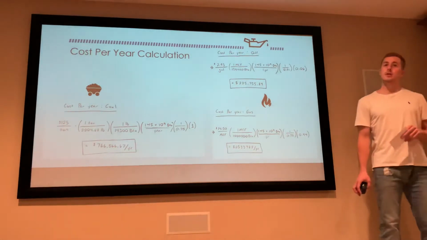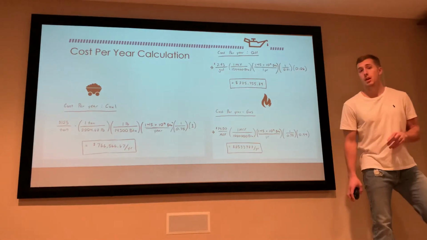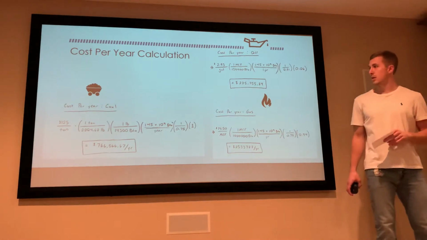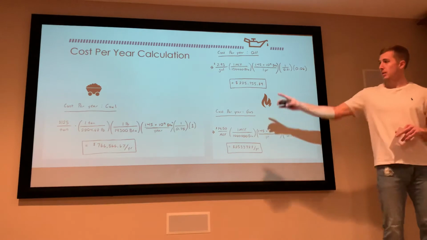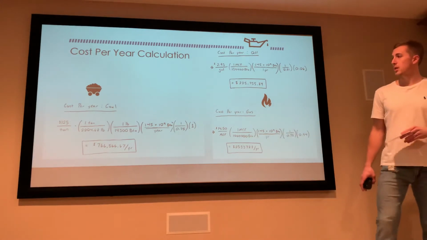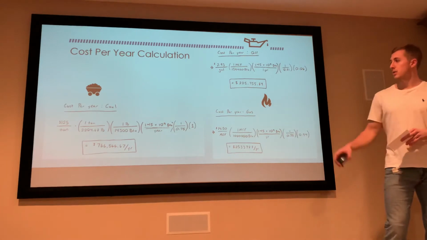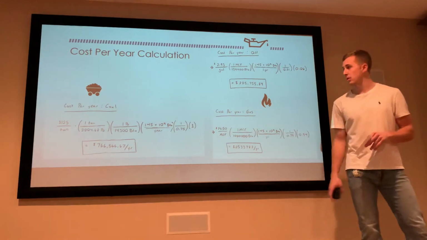Okay, so here are the cost per year calculations. On the far left, we're looking at the cost per year for coal. We're given that it's $125 per ton of coal, and we're going to convert that to pounds so we can then convert that into BTUs.